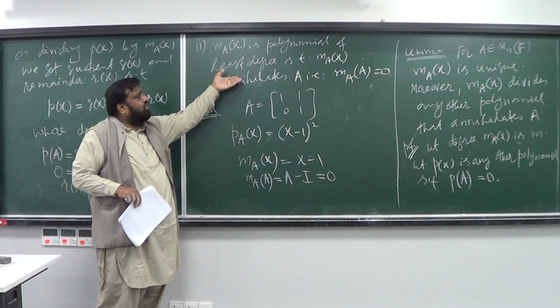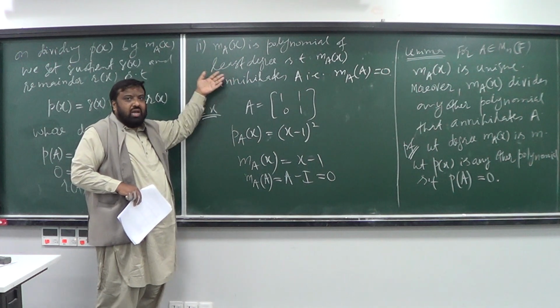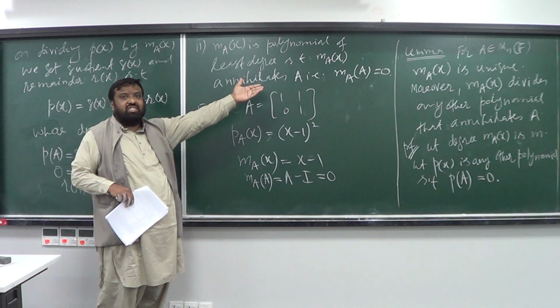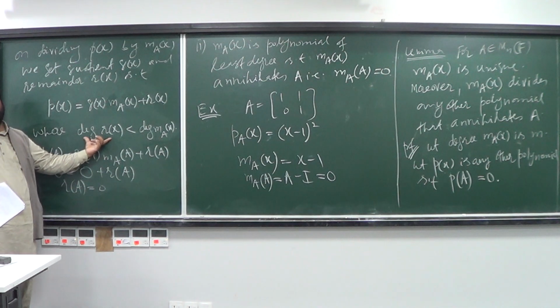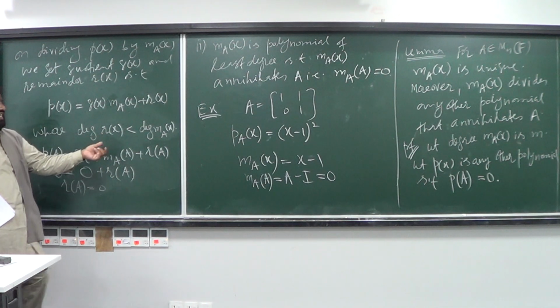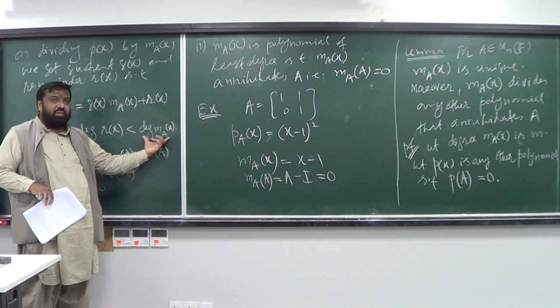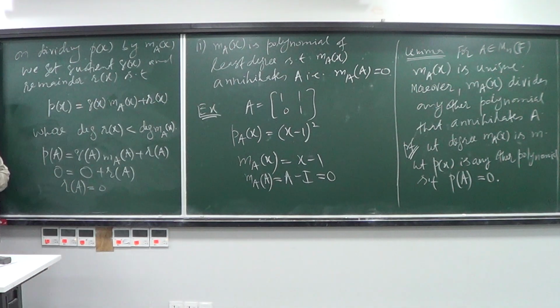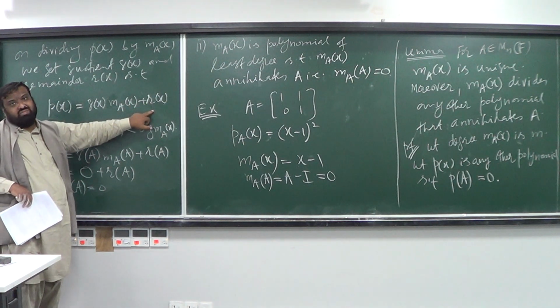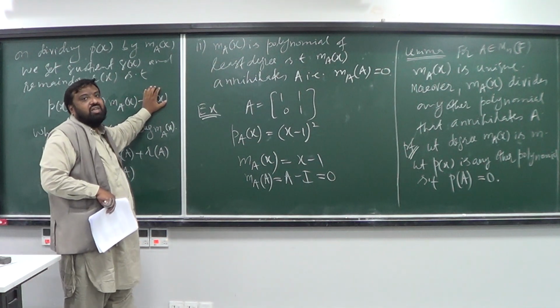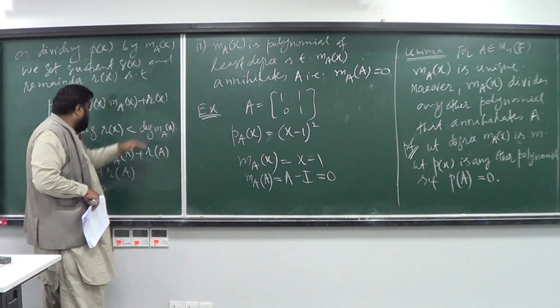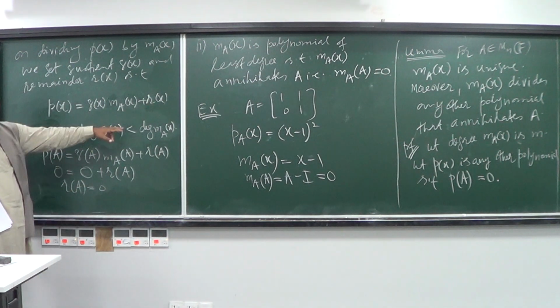It's the polynomial of the smallest degree that annihilates the matrix A. Now you found a polynomial R of x with degree less than the minimal polynomial, and it annihilates A. So this R of x must be 0. The remainder should not be there, because if it is, you get a contradiction to the definition of minimality.